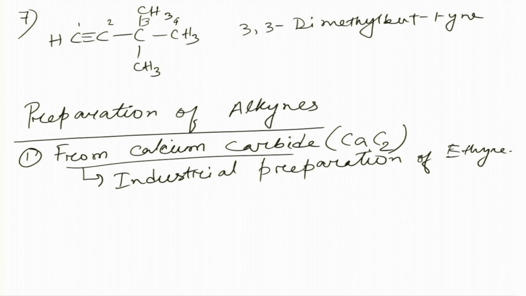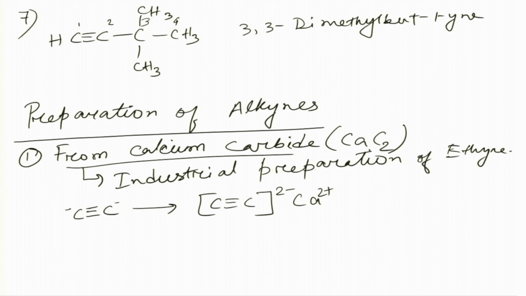So, what is calcium carbide? This is CaC2. Its structure is like this: C triple bond C with two negative charges. We can collectively write it as C triple bond C 2 minus, and calcium has a plus 2 charge. So, it exists in this form.